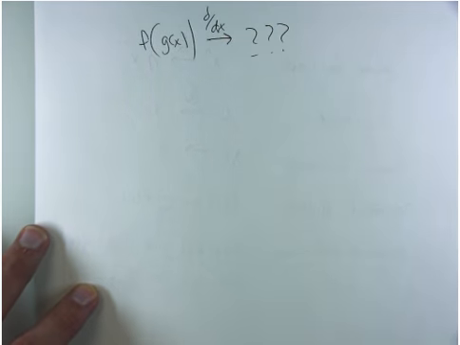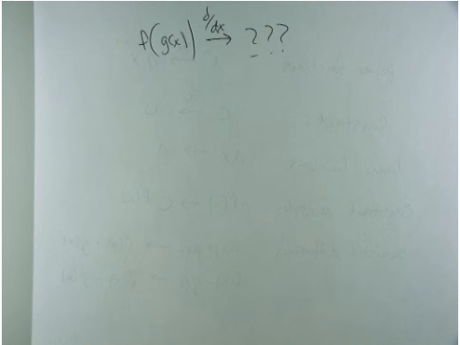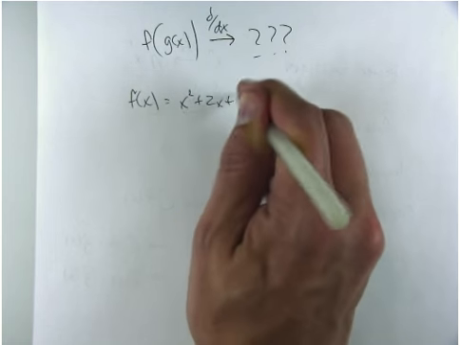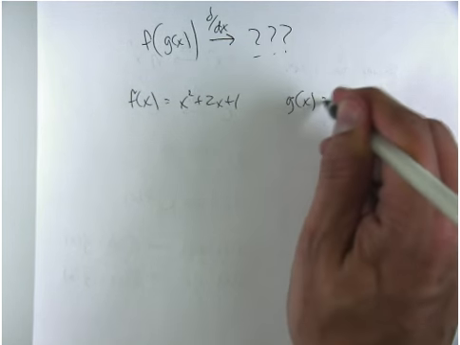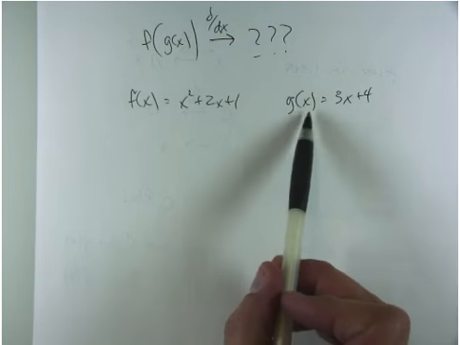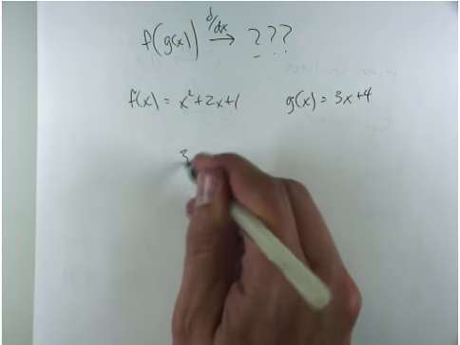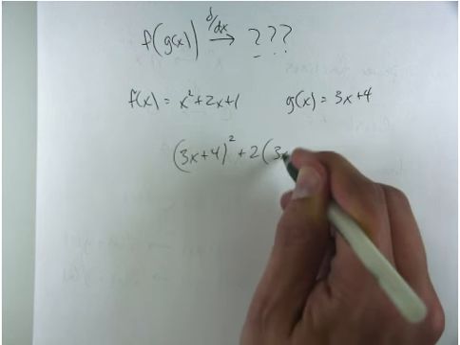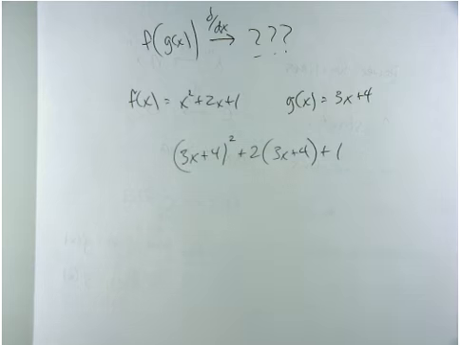But if we stick to the examples that we have been doing for polynomials, this won't cause us a lot of problems. So if, for instance, I had f of x equals x squared plus 2x plus 1, and g of x was equal to 3x plus 4, I could stick g into f like so.